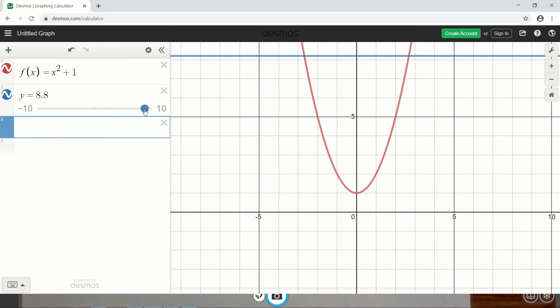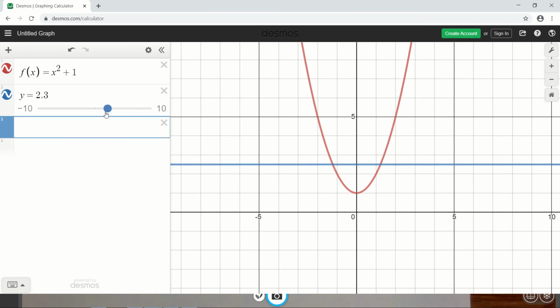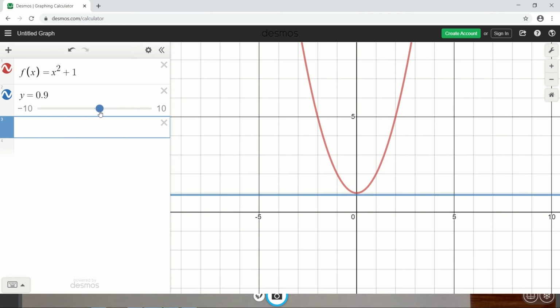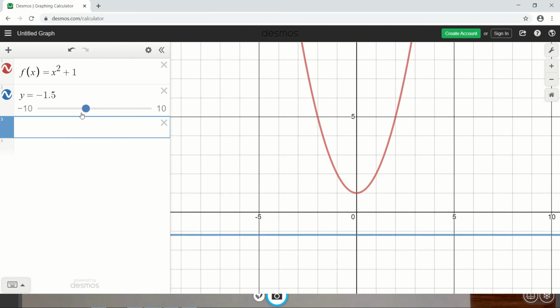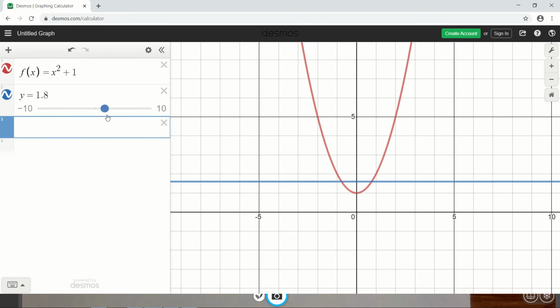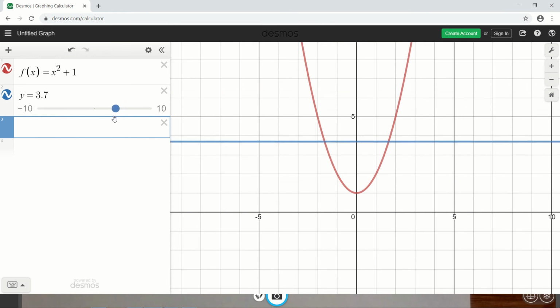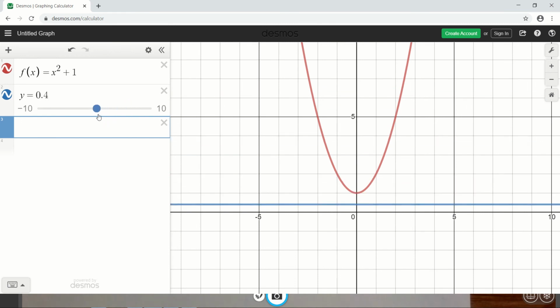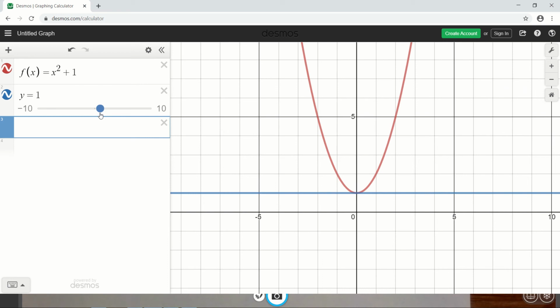See, as I move my line upward, I'm hitting my graph. But when I move down below 1, I'm not hitting my graph. This is what I was aiming for earlier. Now we got it to work. And I think it was user error. When I have an output of 1, then sure enough, I've touched the red function.